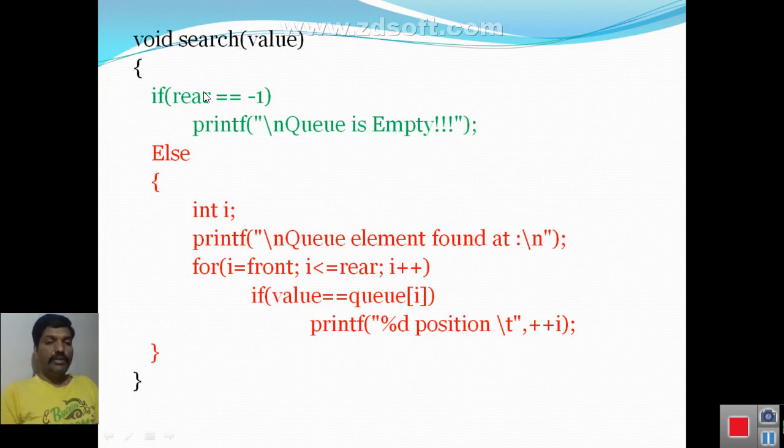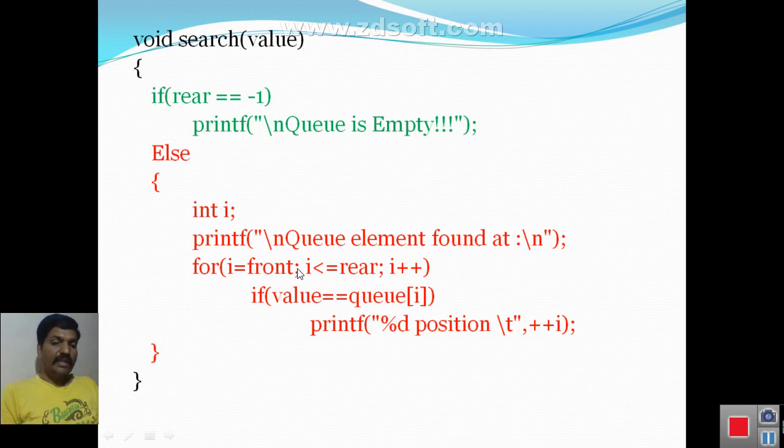Before searching, we need to check the underflow condition, whether rear equal to -1 or not. If it is -1, the queue is empty and it is not possible to do the searching. If the condition fails, some element should be there, so the else body is going to execute. Integer i, printf, queue element found at, a normal text message we print on the output screen. Then for loop, i equal to front. Front always indicates the starting element, the front element in the queue.